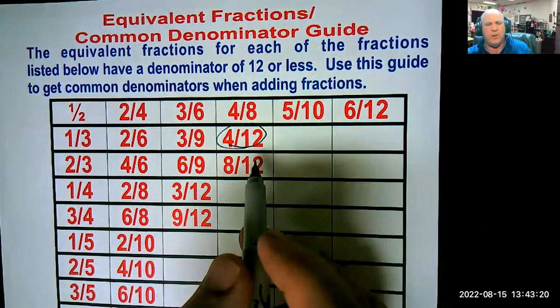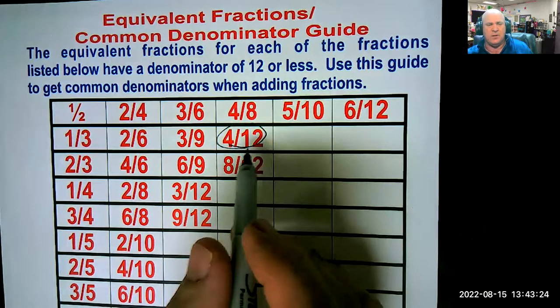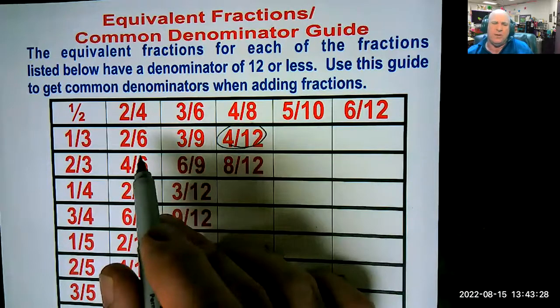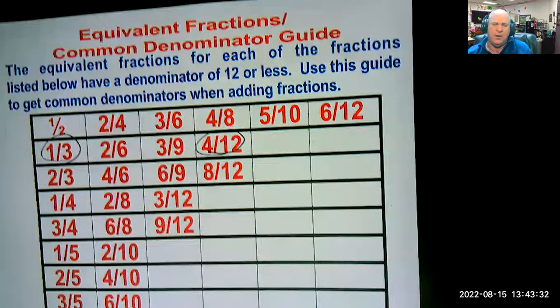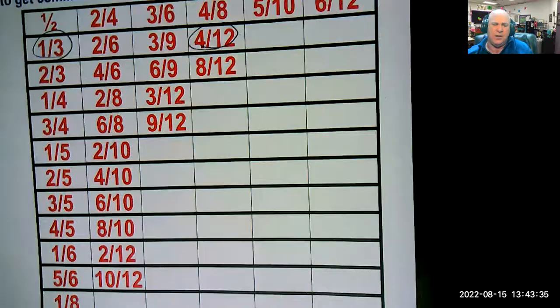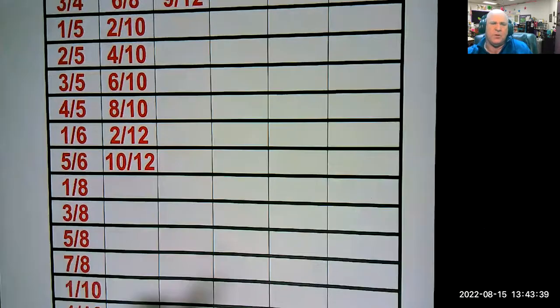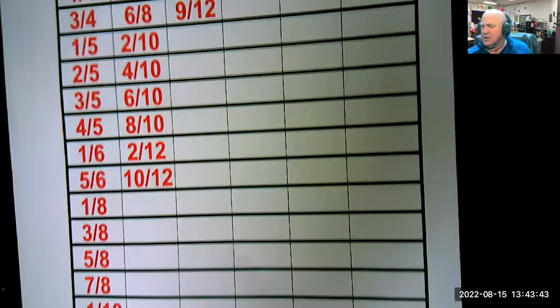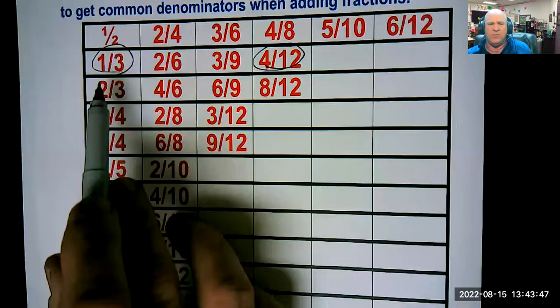So if I work my way backwards, 3/9, that's not there. 2/6, not there. 1/3. What you might have your kids do is finish up my guide, depending on what grade they are in, how far they need to go, because you can pretty much see that because these are on the same line, these would be equivalent fractions.